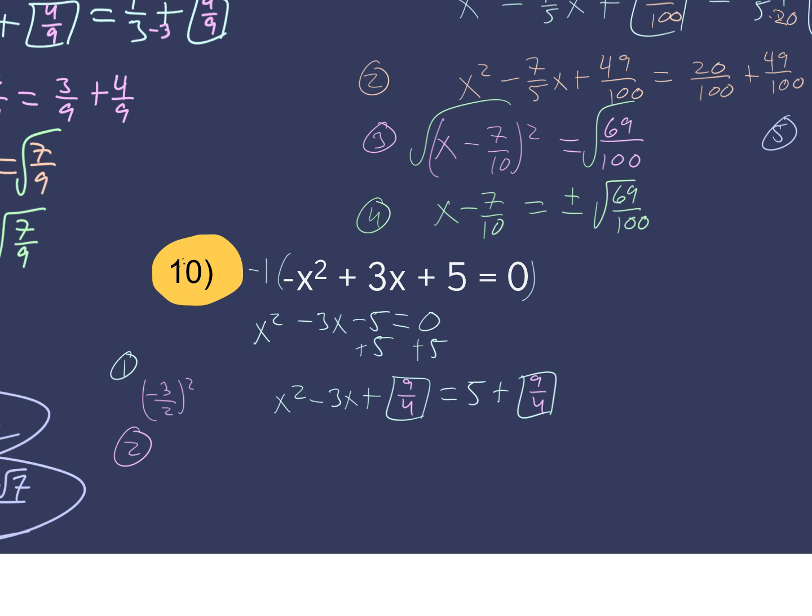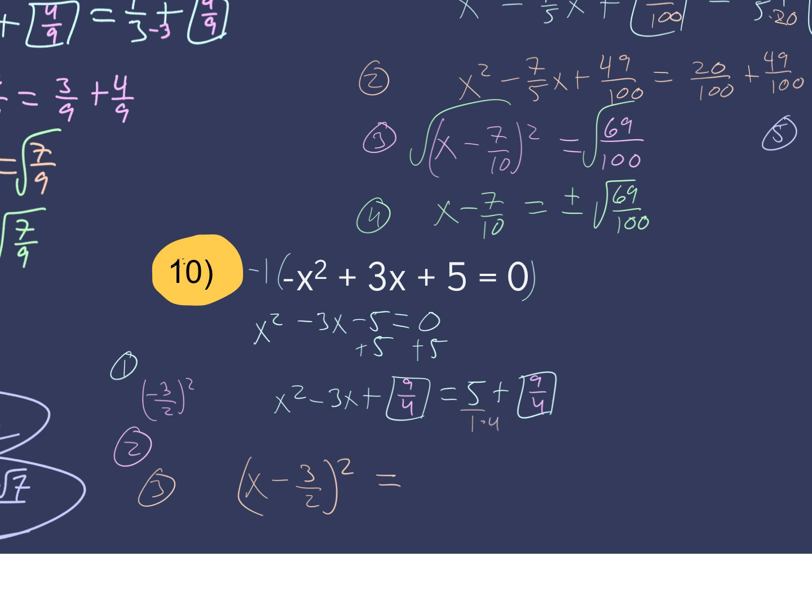All right, and then the next thing you want to do, to get from step 2 to step 3, you want to factor your perfect square trinomial, right? By doing x plus b over 2, and then squaring that entire expression. So in this case, b over 2 is -3 over 2, so we get x minus 3 over 2, square that entire thing, and this is equal to 5 plus 9 over 4, right?